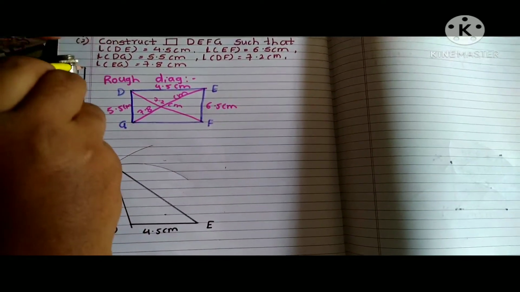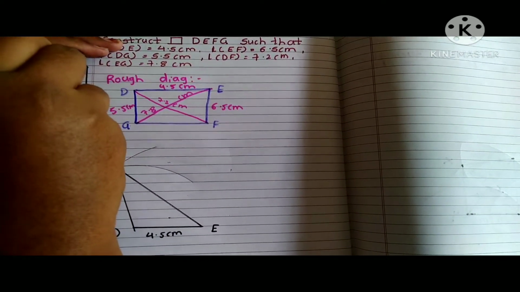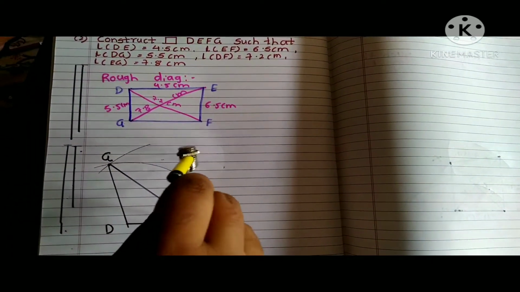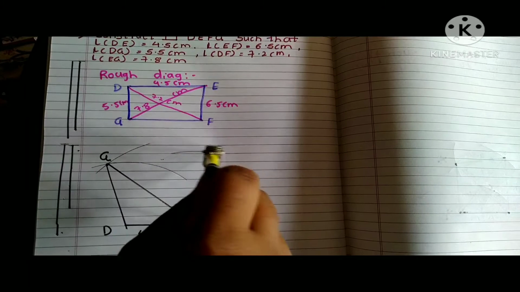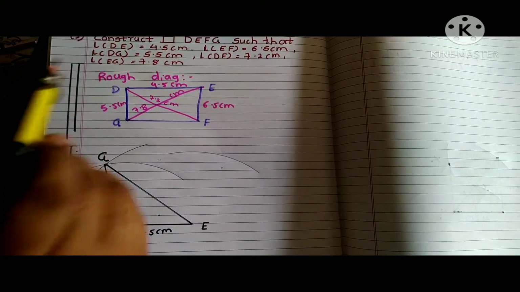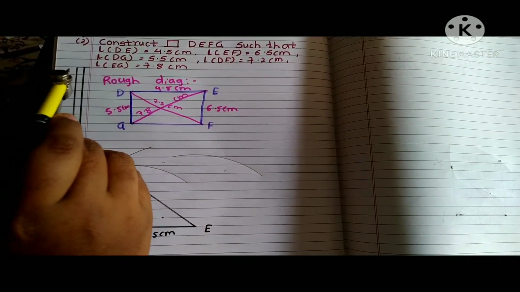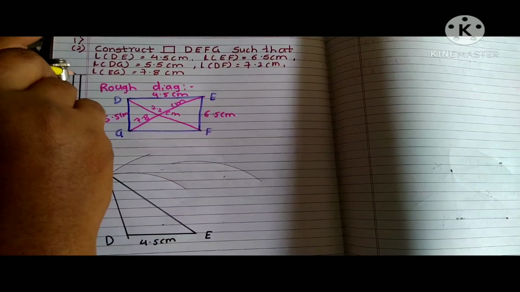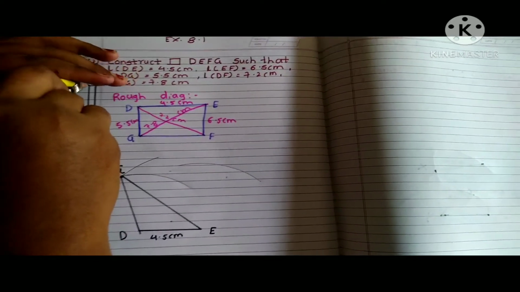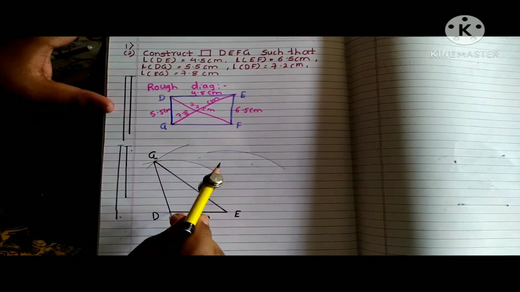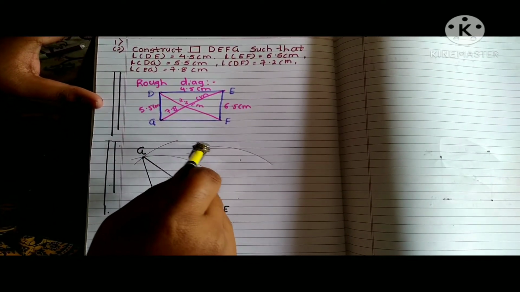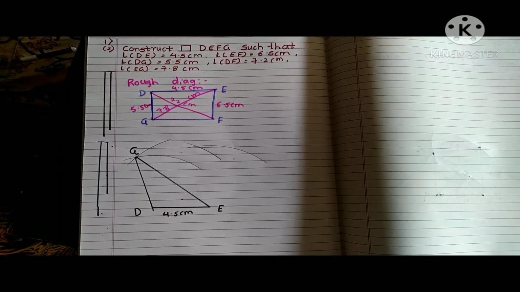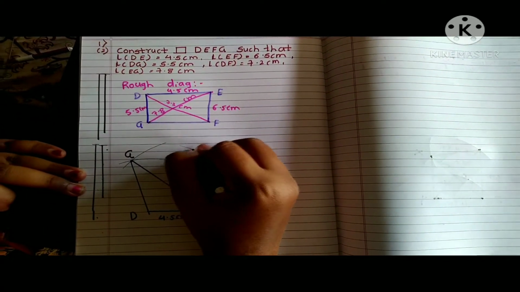So this is my EF, that is 6.5 centimeter. Let's draw this from E, 6.5. Now I will draw a bigger arc, so we don't need to draw it again. And DF is 7.2 centimeter. So this is my DF, it's 7.2. Yes. So here we get the point F.